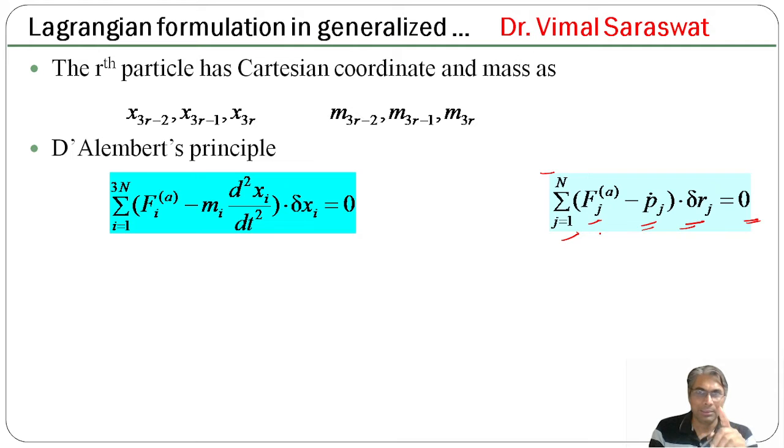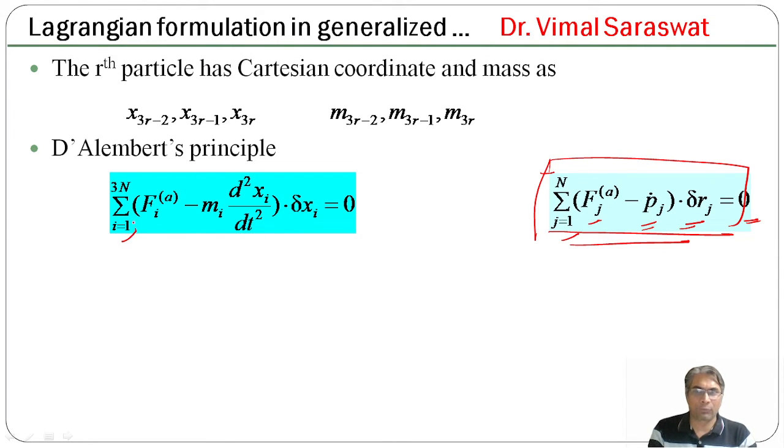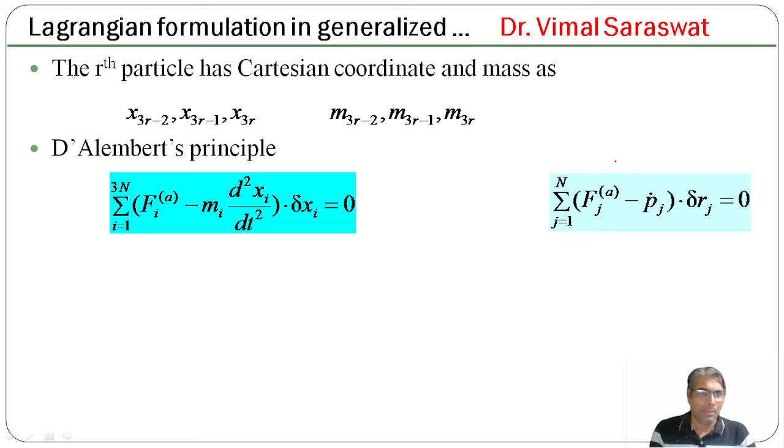In generalized form, we will write this D'Alembert principle as sigma i equals 1 to 3n, (Fi applied minus mi d2xi upon dt2) dot delta xi equals 0, because pj dot was actually the rate of change of linear momentum, and the rate of change of linear momentum is the applied force according to Newton's second law. So this will be F, and F is equal to ma, that is m d2x upon dt2.